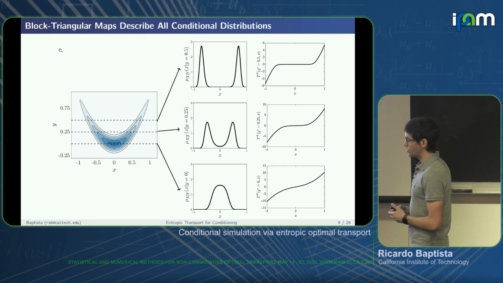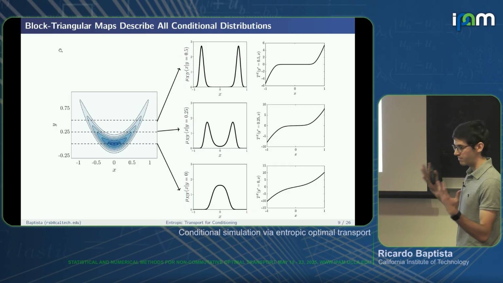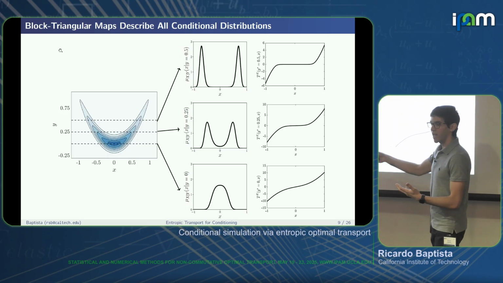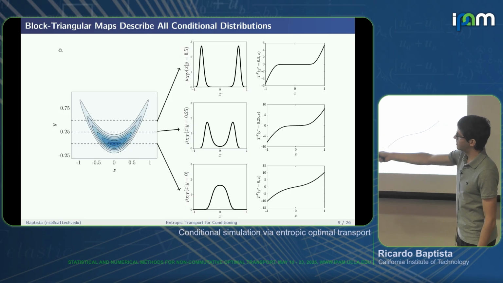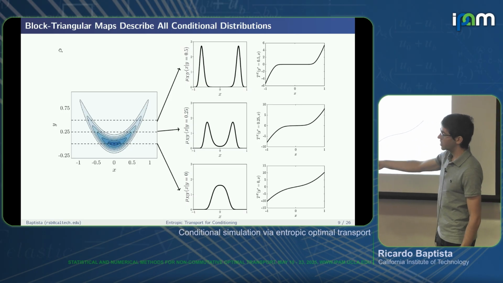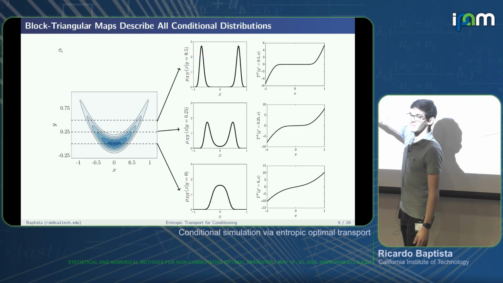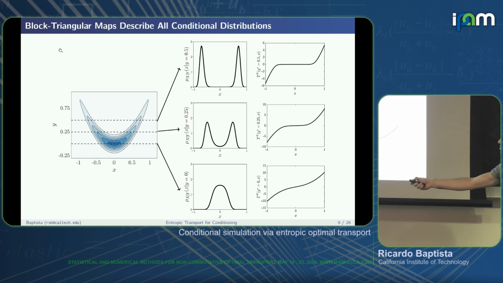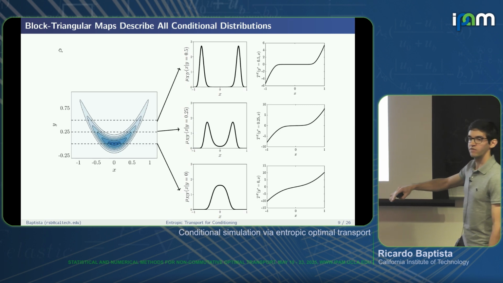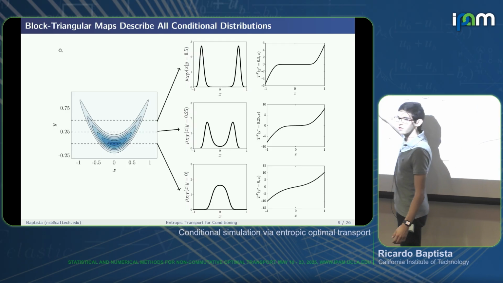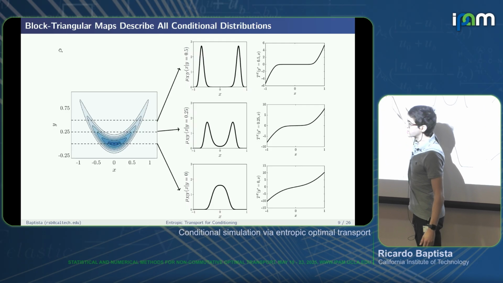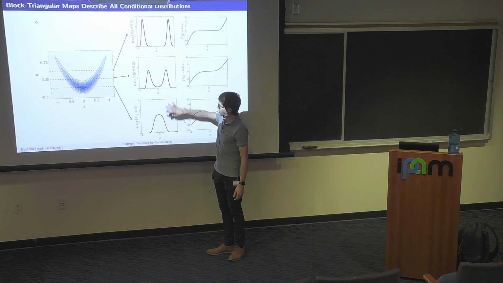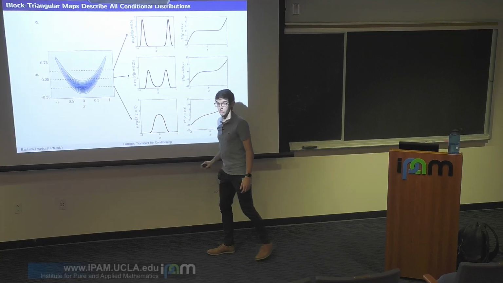And just to have a visual depiction of what we're dealing with here, we might have a joint distribution of two variables x and y that might transport, let's say, a Gaussian to this, my favorite two-dimensional distribution, this banana. And what we'd like to do is to generate samples from conditionals, from slices of this distribution. These horizontal slices, we can see they're one-dimensional densities in this first column.